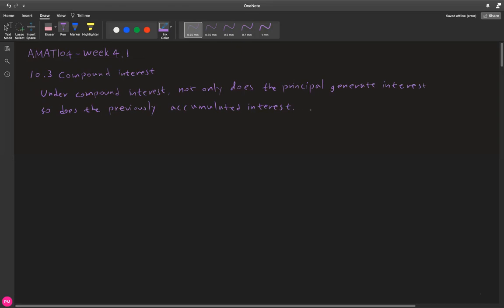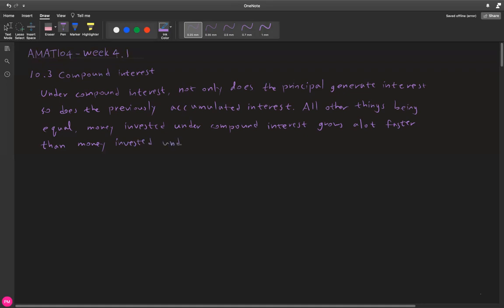And so what does that mean? So all other things being equal, money invested under compound interest grows a lot faster than money invested under simple interest.